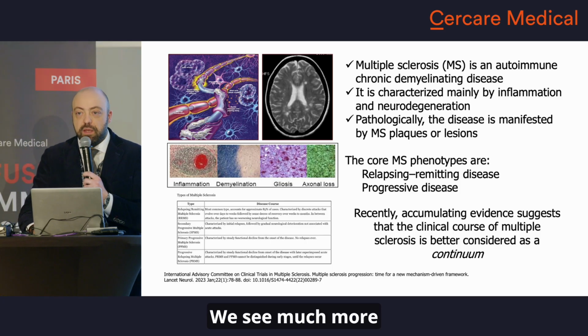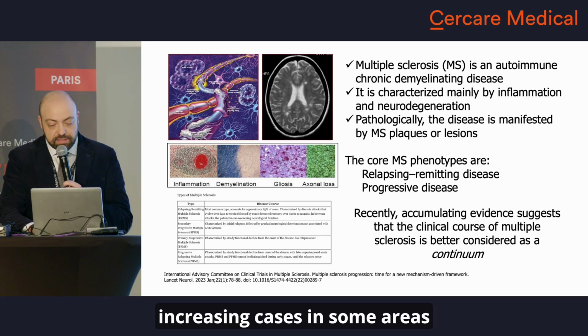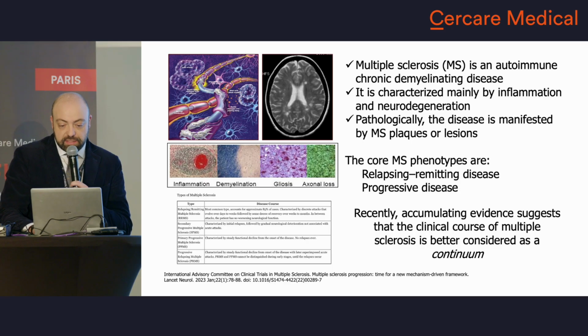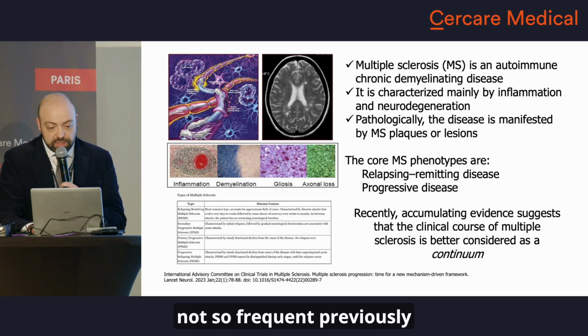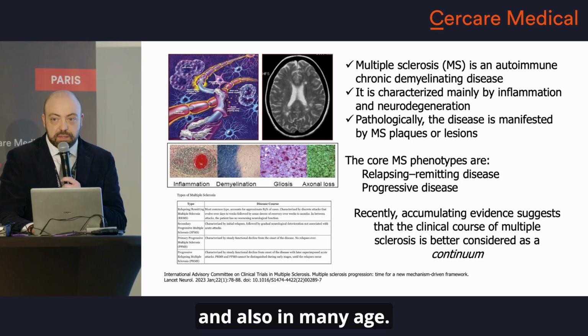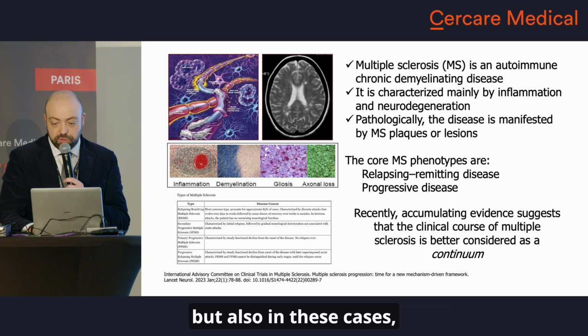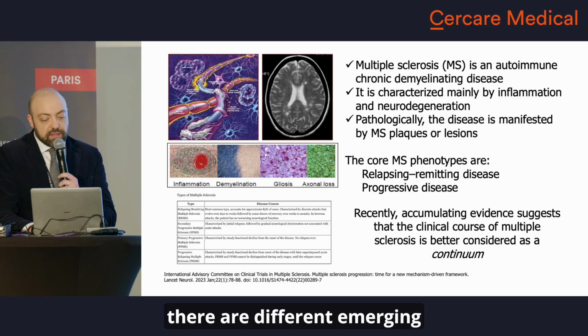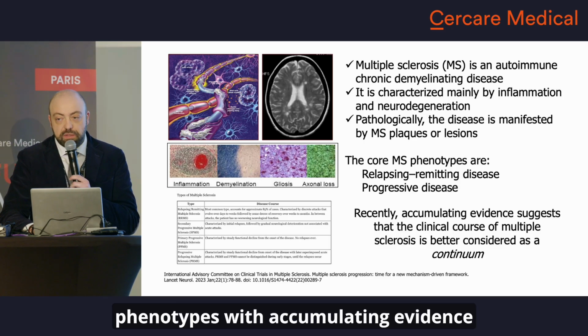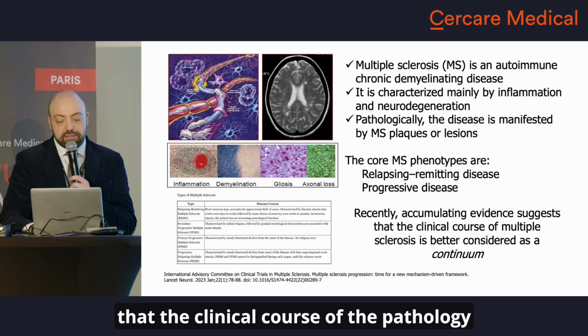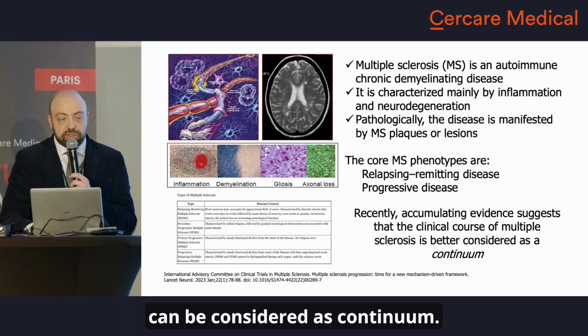We see many more increasing cases in some areas of the world where it was not so frequent previously, and also in many age groups. The core phenotypes are different, but there are also emerging phenotypes, with accumulating evidence that the clinical course of the pathology can be considered a continuum.